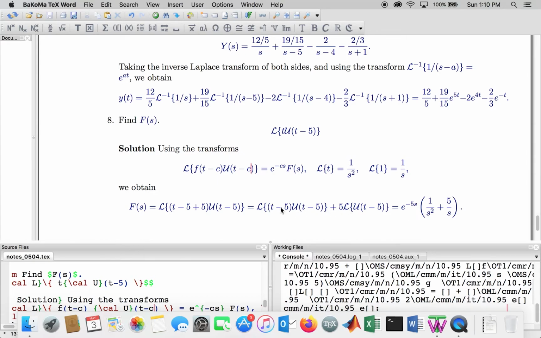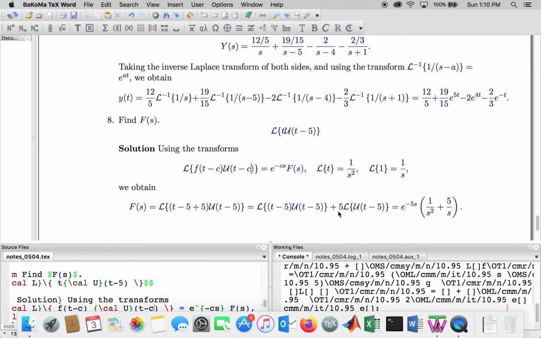So this fits this rule exactly with little f of t equal to t. So you take the transform of t, and that's 1 over s squared. So that leads to the first term here. And because of this rule, whatever unit step function you have indicates what exponential you have in your transform. So that's e to the minus 5s in this case.